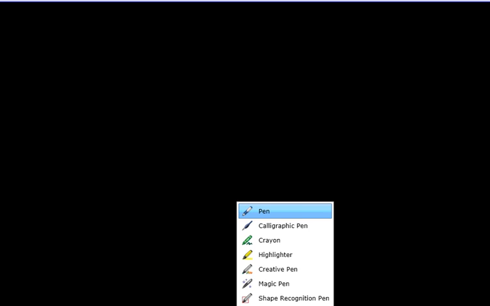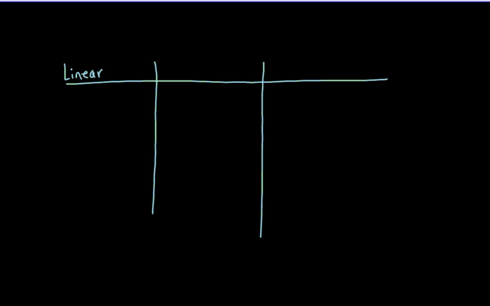So just to review this chart, and we're going to use this chart in our lesson. We have our linear scale factor, which is often just called scale factor. So if it says find the scale factor, it doesn't say which type, and we always know that's linear.